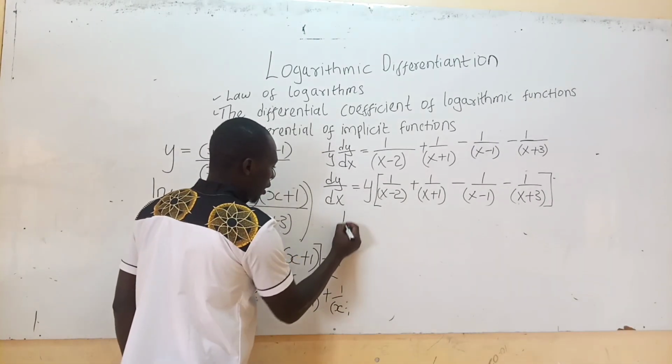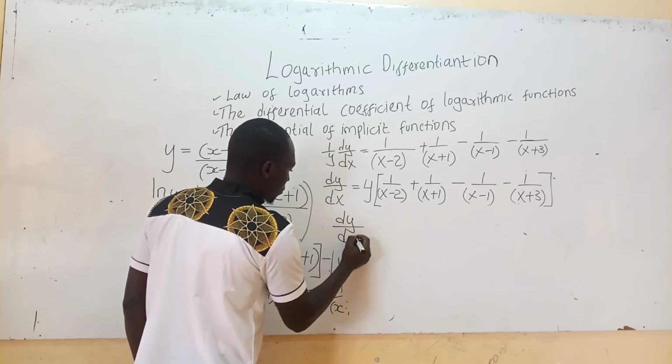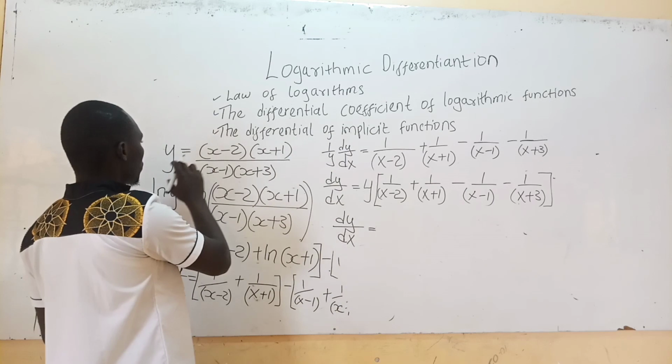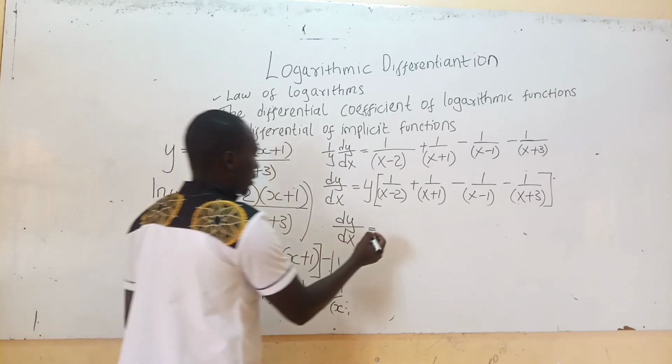Here now we are going to have dy with respect to dx will be equal to the whole of this term, because y is equal to what we have here.